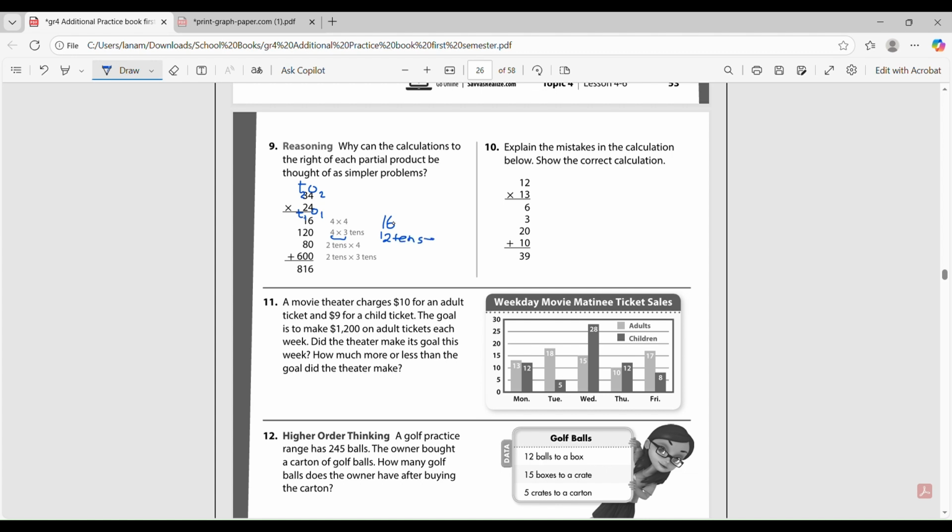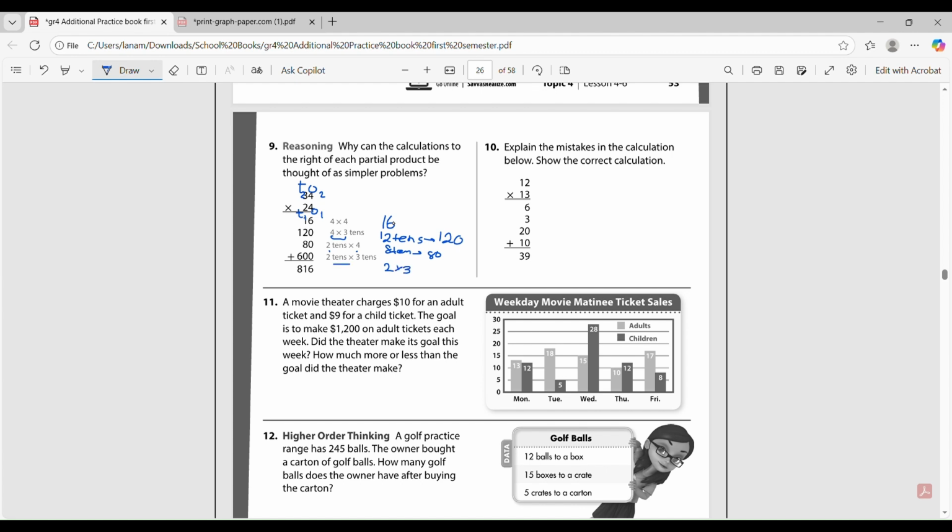12 tens means 120. Here we have 2 tens, because here we have 2 tens, 24. I have 2 tens multiplied by 4. 2 times 4 is 8. And here we have tens, so 8 tens, which means 80. 2 tens multiplied by 3 tens.